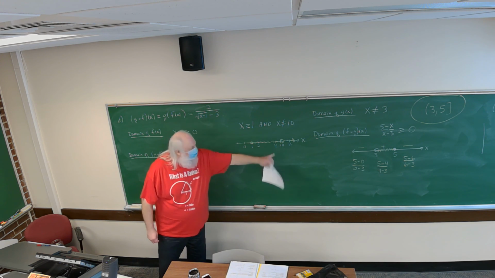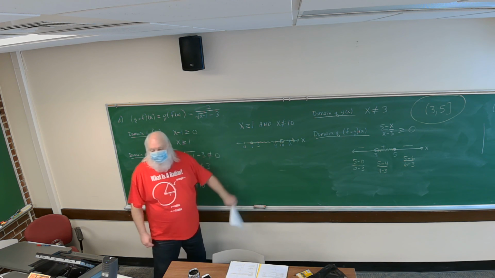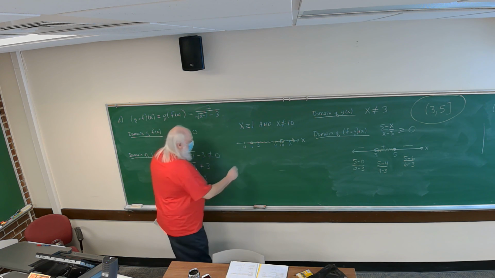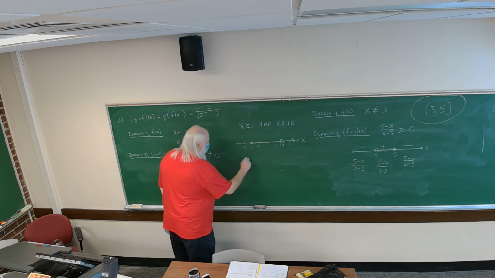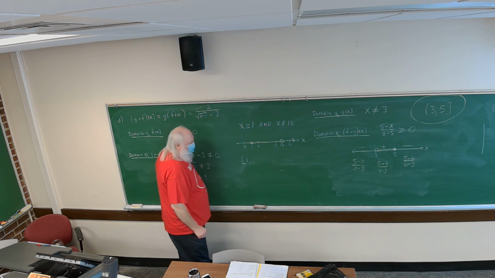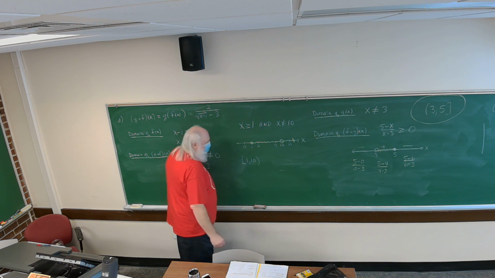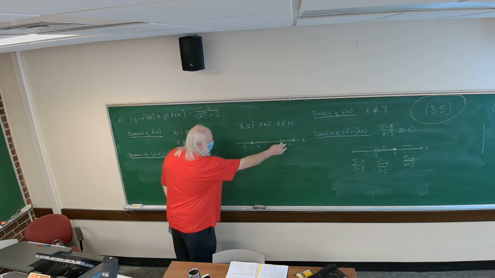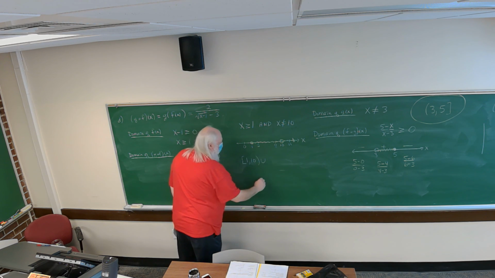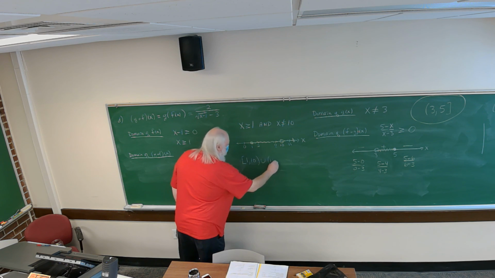And now you have two intervals you have to join together with a union symbol. The first one starts at bracket 1 and goes to 10 parentheses, right, because of the open circle. And then you join to that left parentheses 10 to infinity.